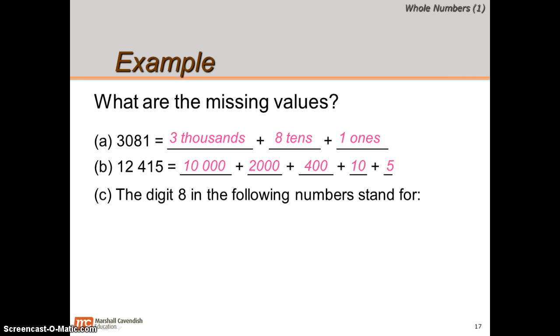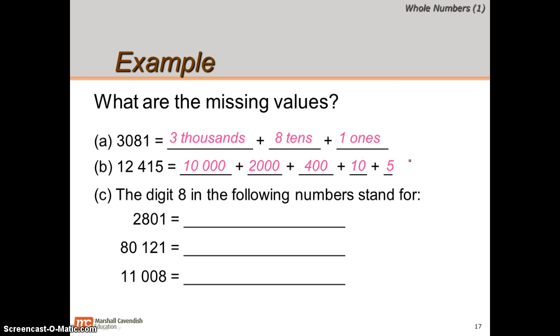The digit 8 in the following number stands for... first one, can I have the girl beside Marcus? I can't remember your name. Kara. 8 stands for 800s. Alright. Next one.